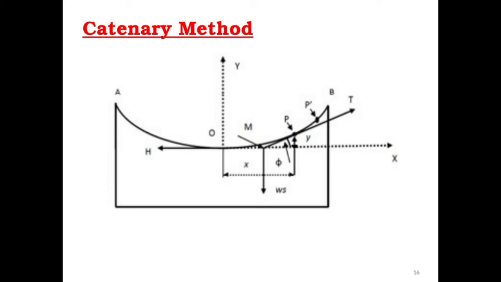We call it the catenary method because the conductor suspended between these two supports A and B takes the shape of a catenary. When we hang it freely due to its own weight, it takes that shape, and that is why we call it the catenary method.